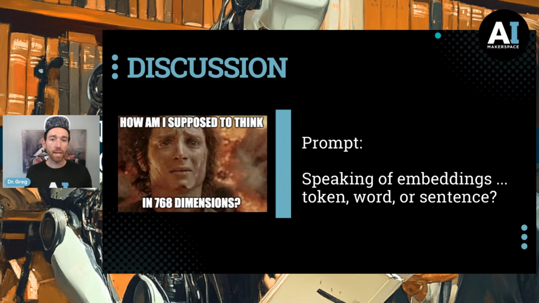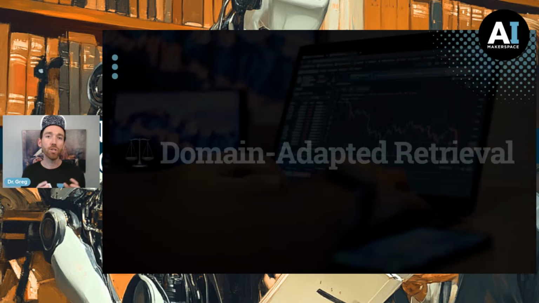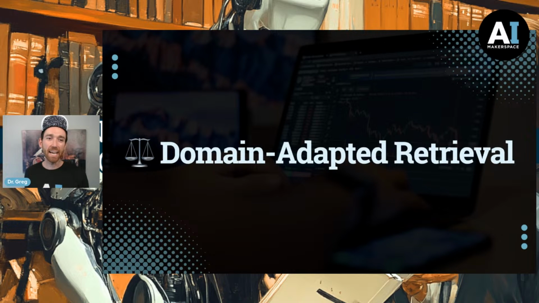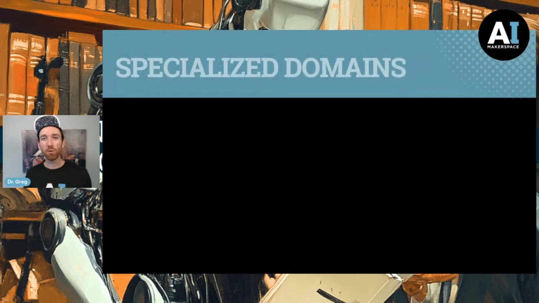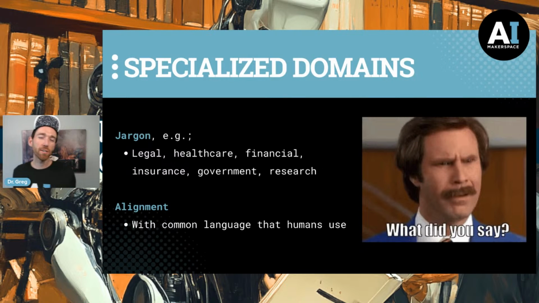Let's get into, now that we have these embedding models, how we are going to use them for domain adapted retrieval. Again, the retrieval process is shown here. When we're talking about domain adaptation, we're generally talking about domains or specializations where, if you're not part of that club, if you've not been trained in that specialty, you might be like, what are you saying exactly?